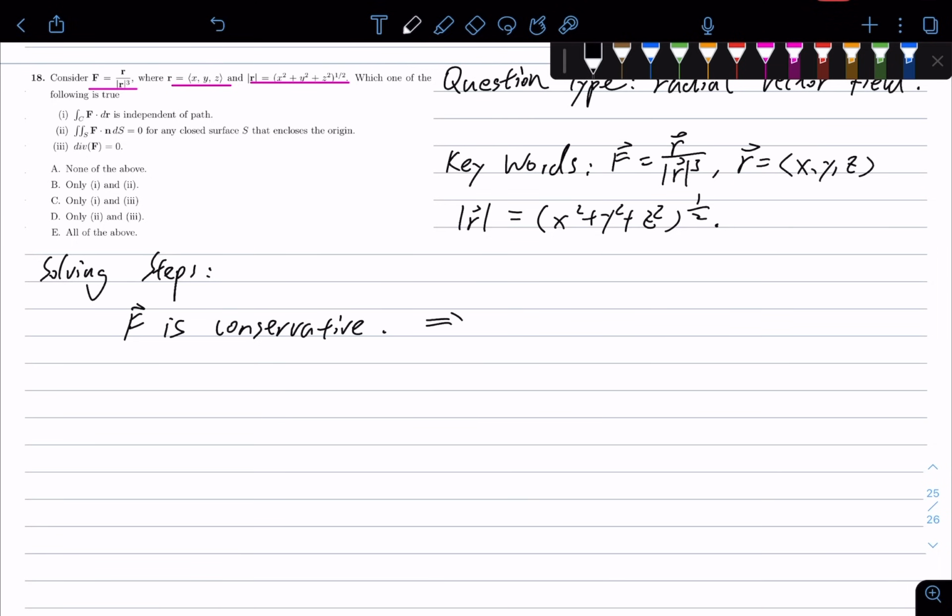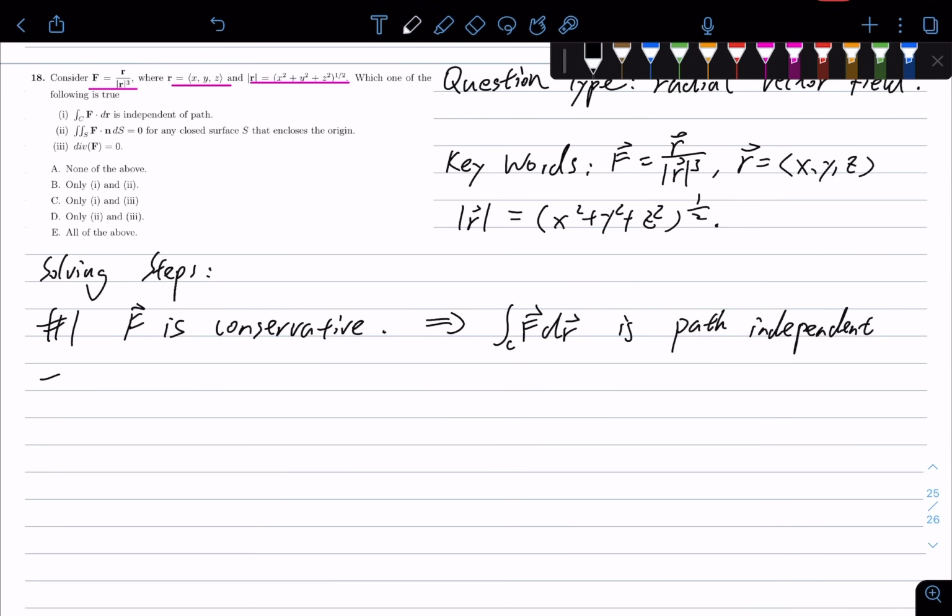You remember from your conservative vector field chapter that if you apply the fundamental theorem of line integrals, which is applicable, you'll realize that the line integral of the vector field F dot dr is path independent. That's property number one.